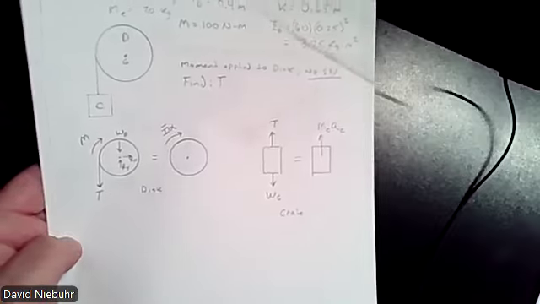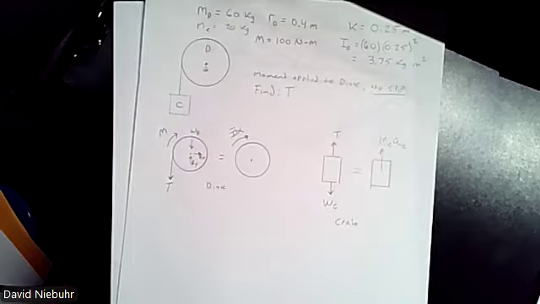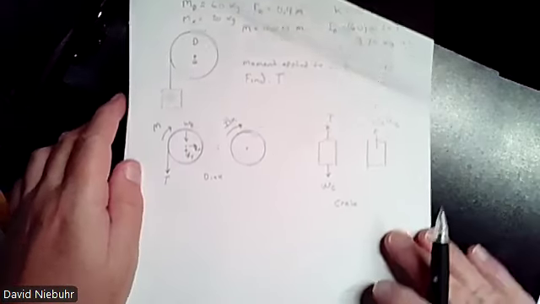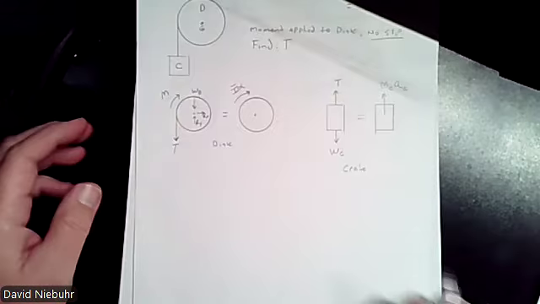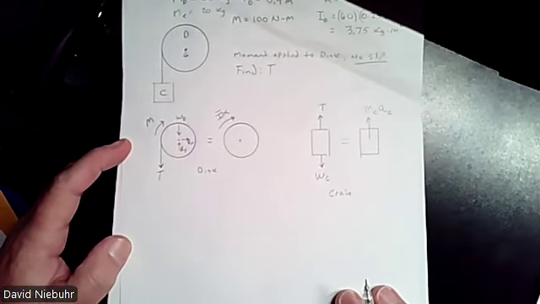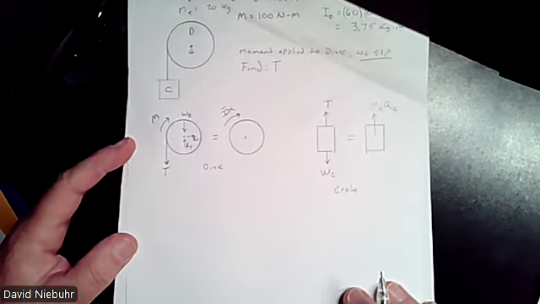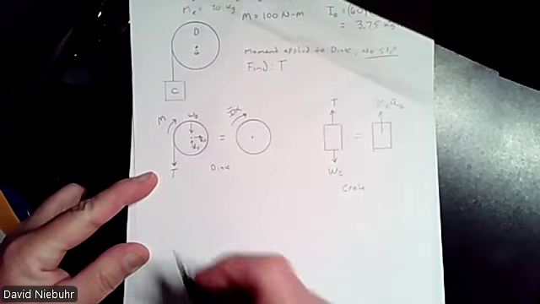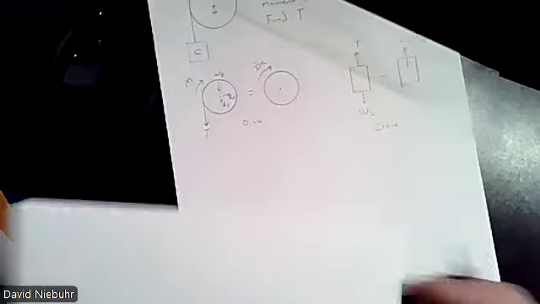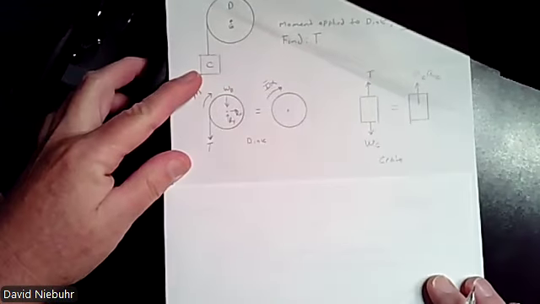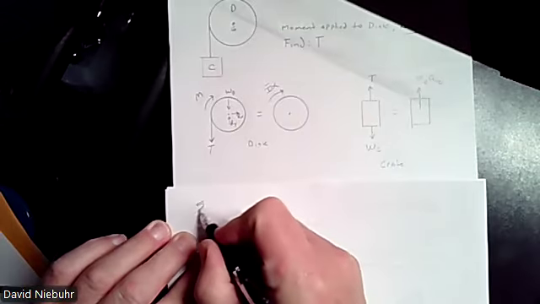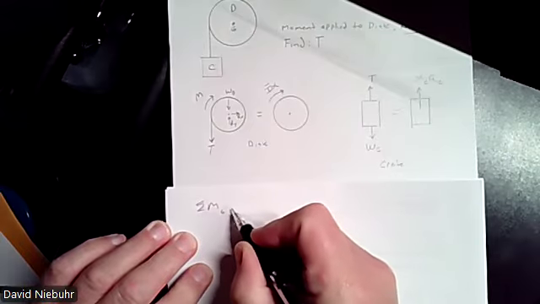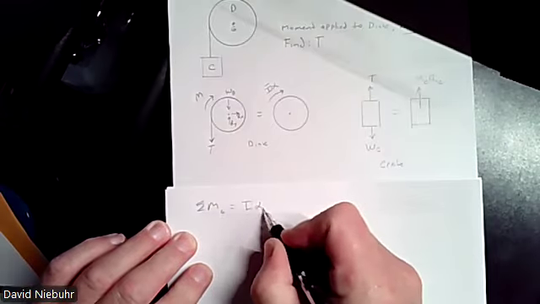All right. So how do we solve this? We're going to develop equations for each of these objects. It doesn't matter which order you go in, but first we're going to look at the drum. I'm going to sum the moments about the center equal to I alpha.